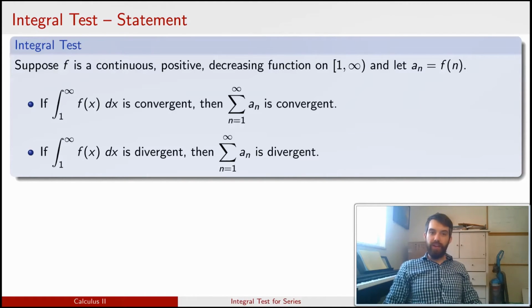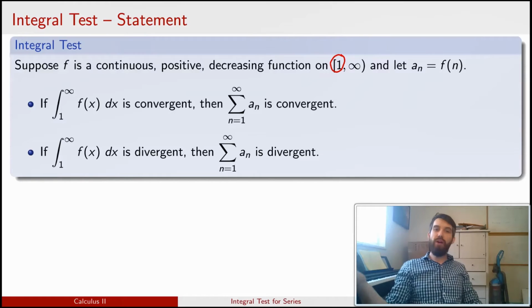This can be stated in a couple different ways. First of all, the positive and decreasing part works exactly the same if it's negative and increasing. Doesn't particularly matter. So positive and decreasing or negative and increasing, those paired together. It also doesn't particularly matter that we start at the 1 here. Whether a series converges is a long-term question, a question that goes to infinity.